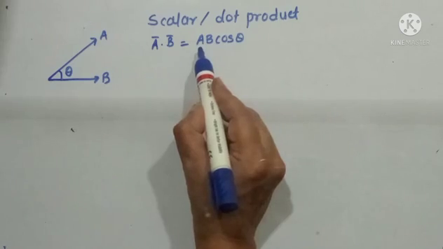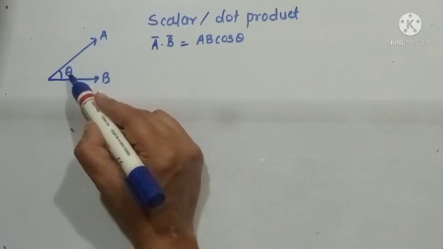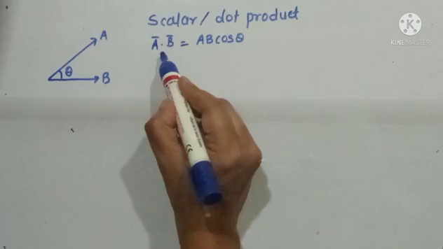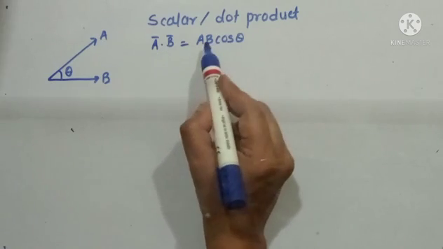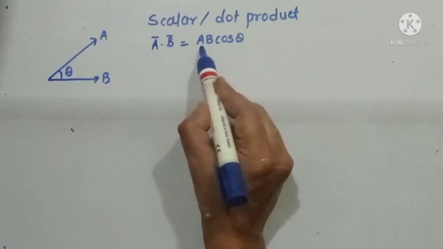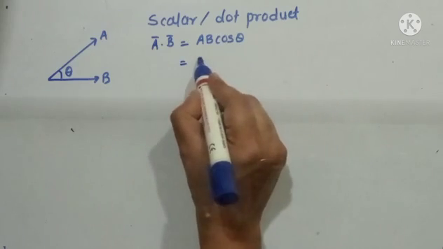If the two vectors have an angle theta between them, then their dot product, or scalar product, is defined as the product of their magnitudes and the cosine of the angle between them.